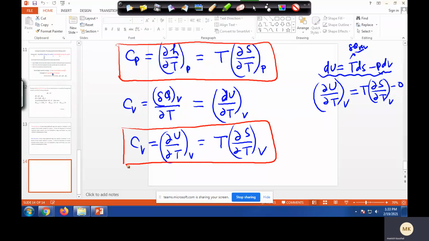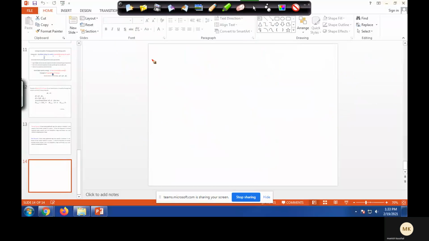Fine. What else? You can ask, sir, how do you remember this dU relation or dH relation? That is very easy, again through that diagram.